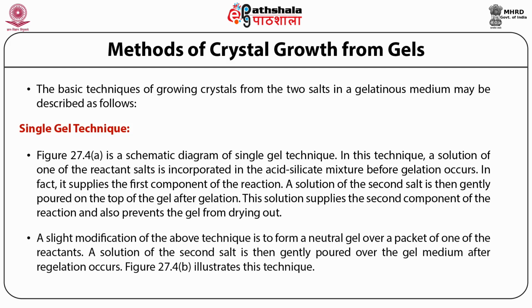A slight modification of the above technique is to form a neutral gel over a packet of one of the reactants. A solution of the second salt is then gently poured over the gel medium after regelation occurs. Figure 27.4b illustrates this technique.